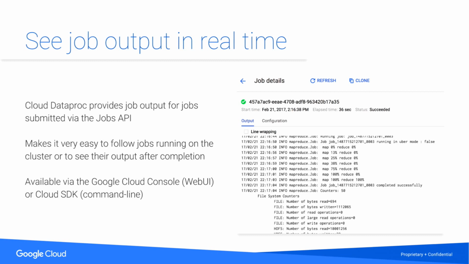You can see the job output in real time. In our case, there were some technical issues, but when you submit a job, you can see all the output in real time. You can also, through the command line and through APIs, see the same console output.